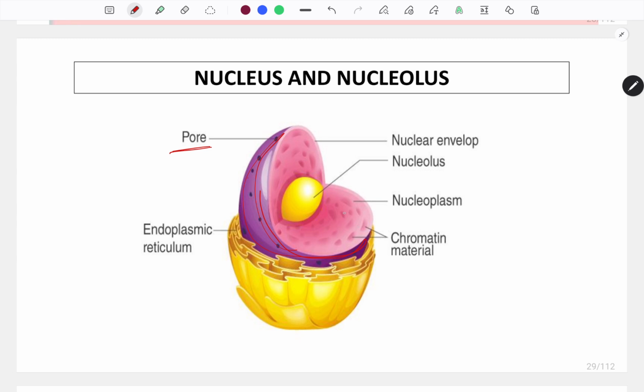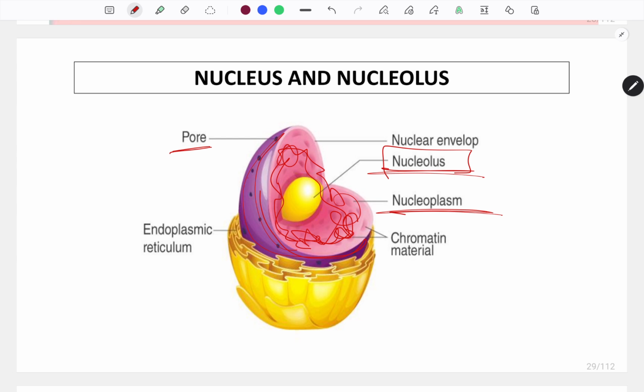Inside the nucleus there is some liquid-like structure that we call the nucleoplasm, and in this nucleoplasm our genetic material, DNA, is present. And inside this one more round-shaped structure is present, the nucleolus, which controls ribosome production and assembly.